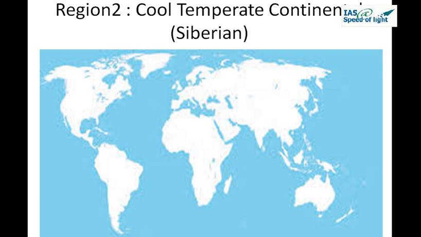From the western margins of the continent, now we are going to move to the interior of the continents, like what we did for the warm temperate region. For the cool temperate region, again we are going to see the interior of the continents. And the interesting thing here is that this interior of the continents is present only in the northern hemisphere. This is also known as the Siberian climate.